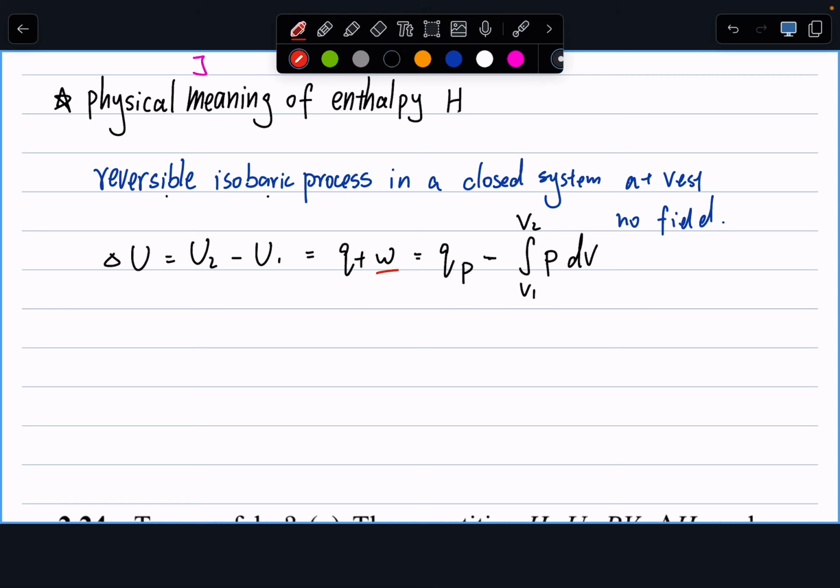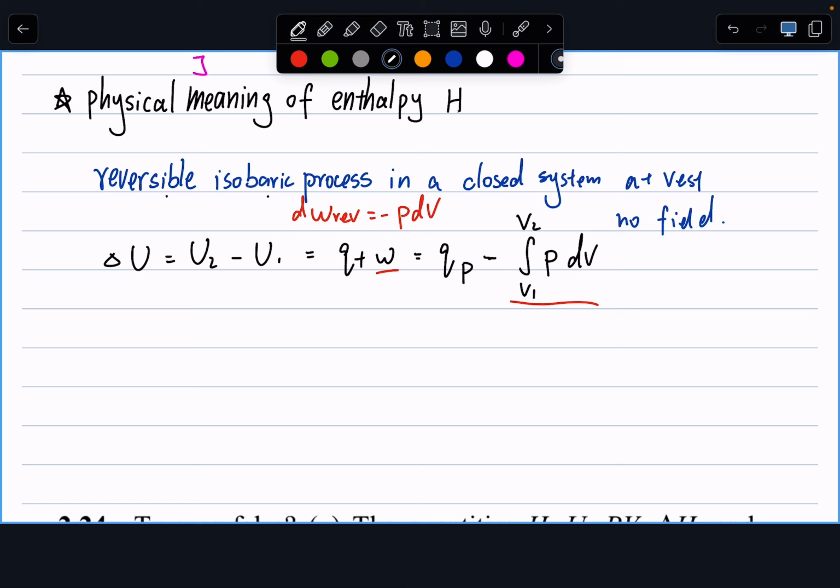This just uses the reversible work equal to negative PdV. Since this is an isobaric process, P is a constant, so we can take P out of the integral.